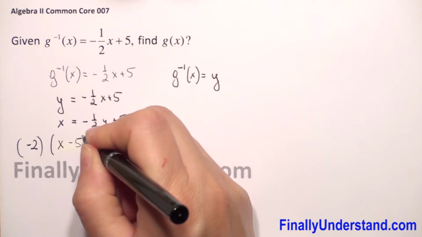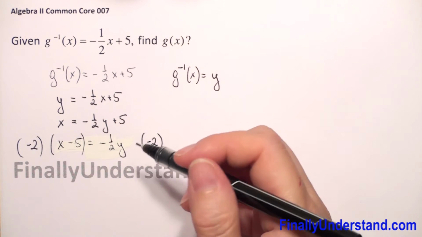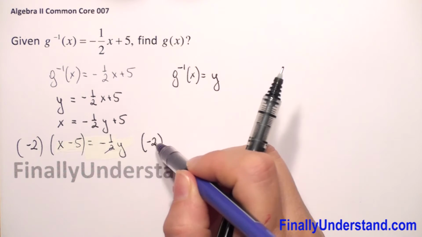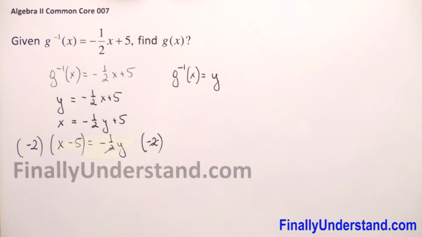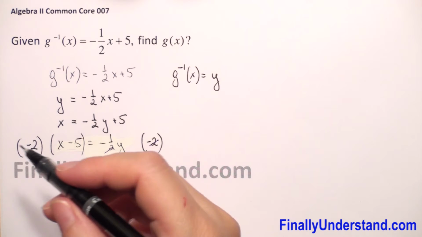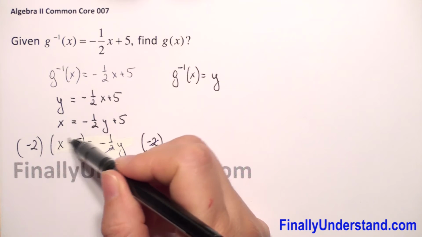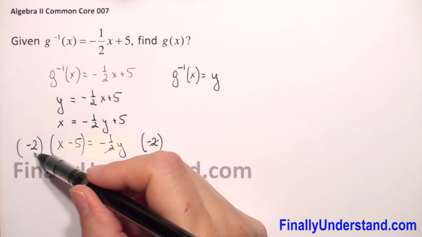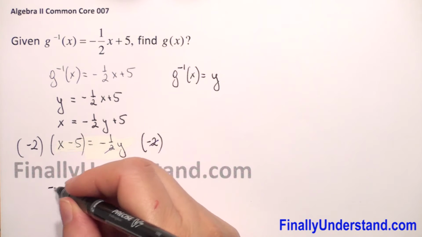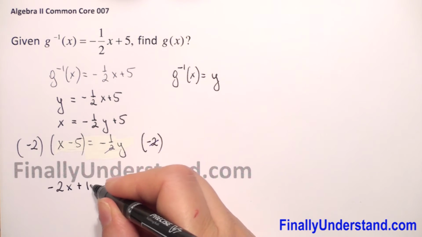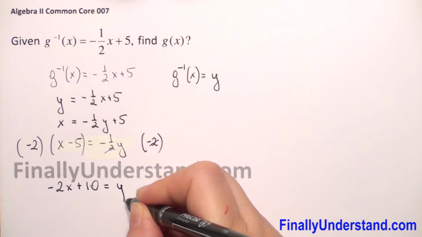We multiply all expressions on the left and on the right. We see that 2 we can reduce with 2. Negative times negative gives me positive. And on the left side we have to multiply every expression in parentheses by negative 2. So negative 2 times x is negative 2x. Negative 2 times negative 5 is positive 10. And this is equal to y.